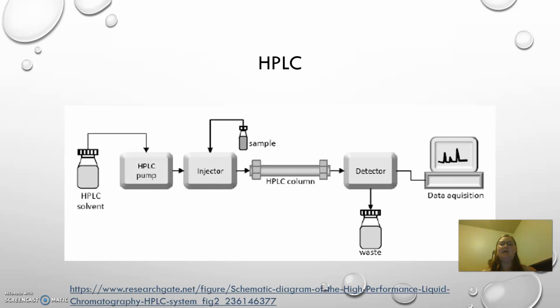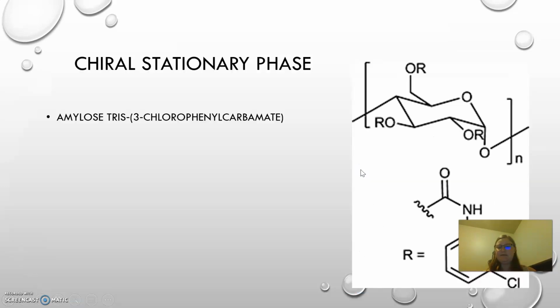And how this is accomplished is using a chiral stationary phase. What this does is it makes sure that the different enantiomers are attracted differently to the stationary phase. And so you get that separation of the different enantiomers. In the case of this experiment, what they used was amylose tris(3-chlorophenylcarbamate).